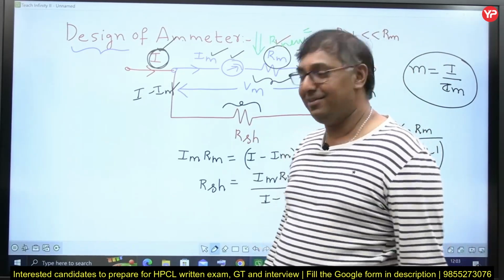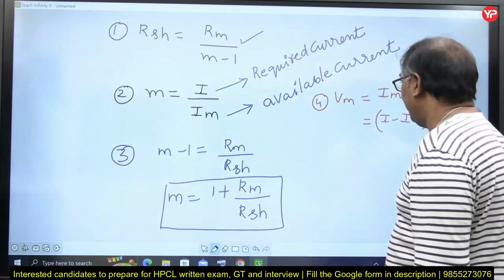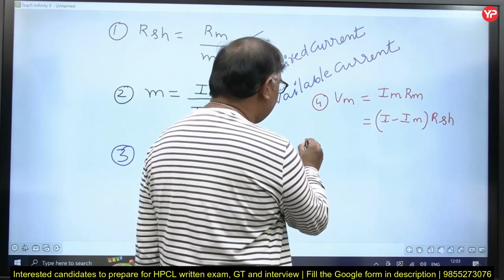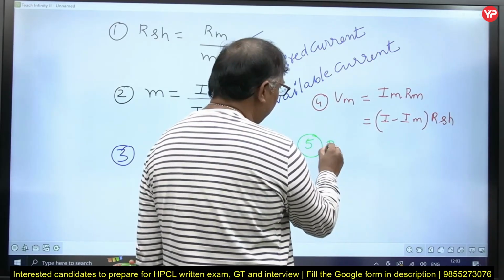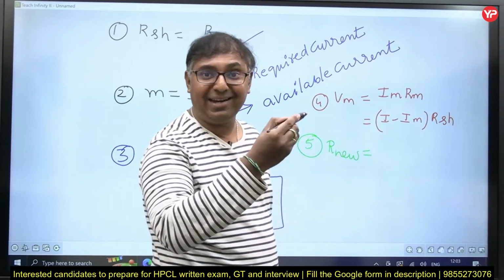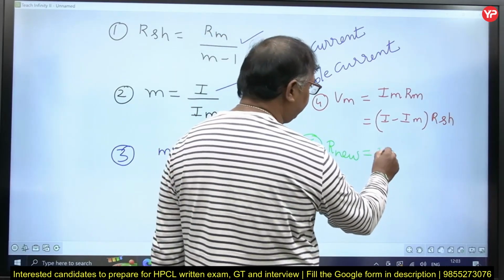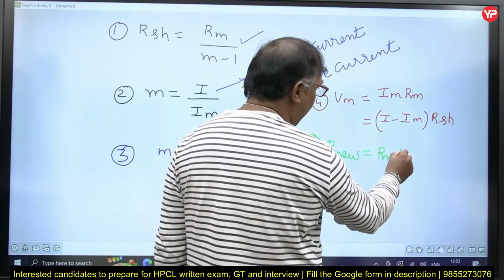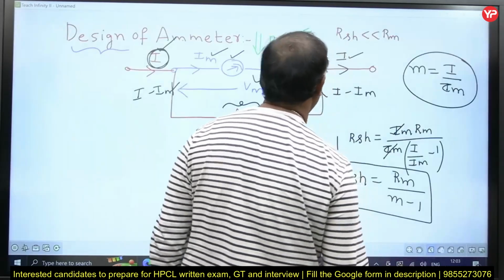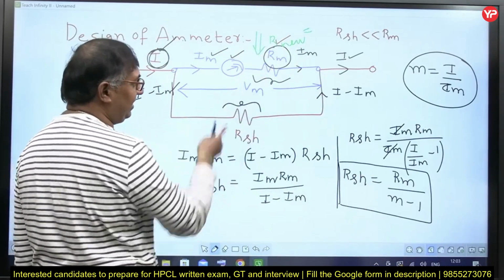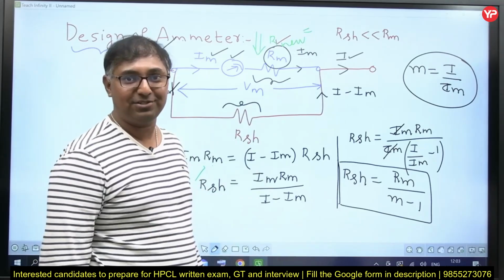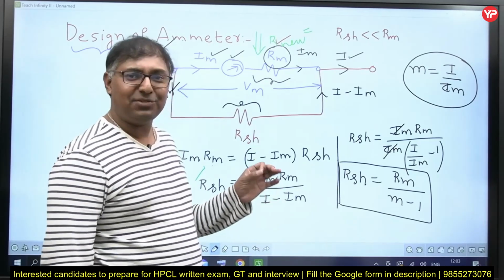In parallel. So R new, the new meter resistance, equals RM parallel RSH. Having any doubt? So we have done the analysis.